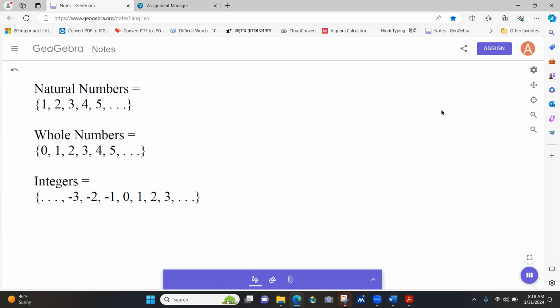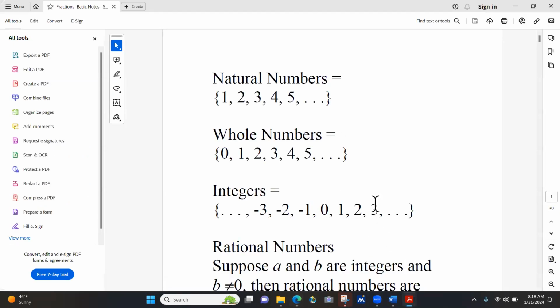Rational numbers or fractions are basically an integer divided by another integer, but the denominator integer cannot be 0. Let's define it formally here.